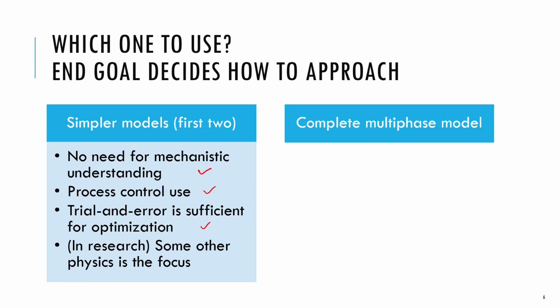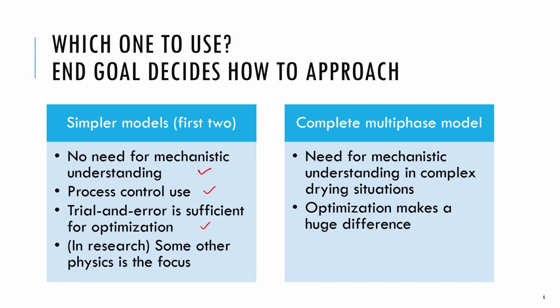Whereas the complete multi-phase model would be the right one when there is need for mechanistic understanding and in complex drying situations, like for example in a combined drying like microwave drying, or let's say sequential drying. You're doing 2-3 different drying processes at the same time.